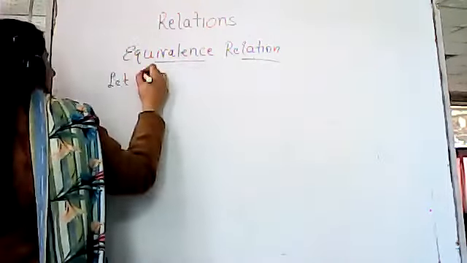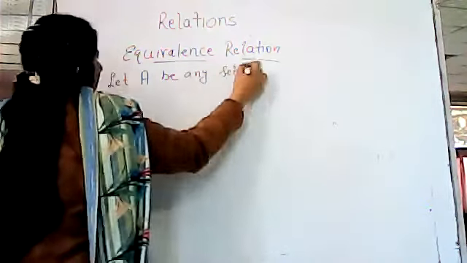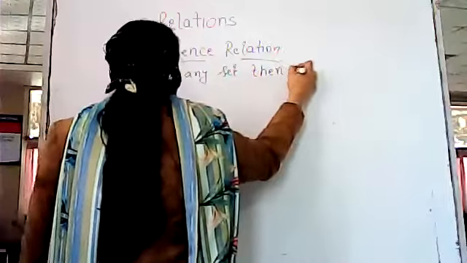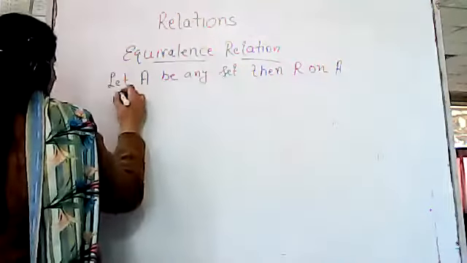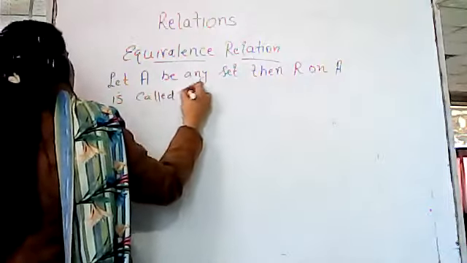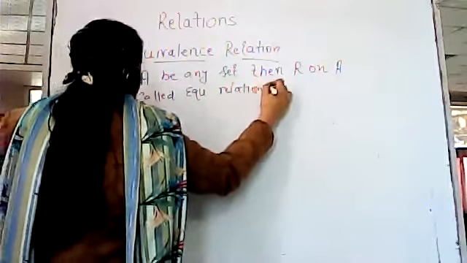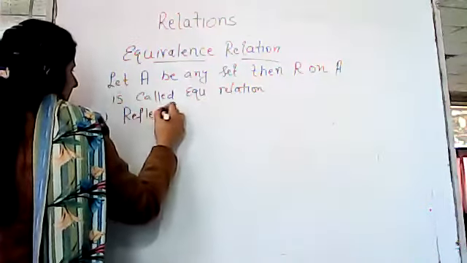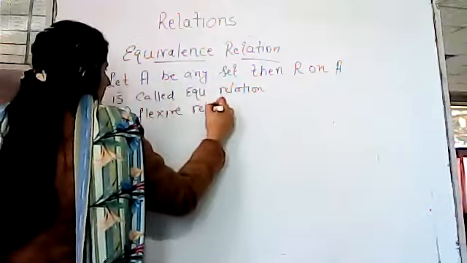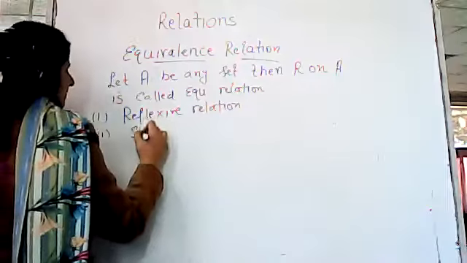What is equivalence relation? Let A be any set, then a relation R on set A is called an equivalence relation. What is the condition for equivalence relation? Number 1, it must be reflexive. What is the second condition?